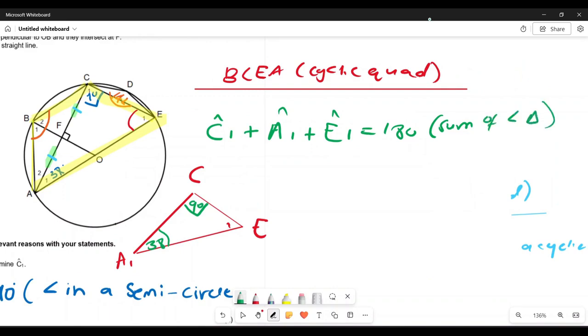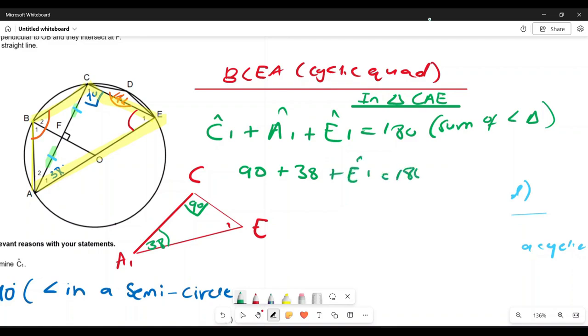Now let me name my triangle. This is triangle CAE. In triangle CAE, my C1 is equal to 90, my A1 I was given as 38, and I'm looking for my E1.